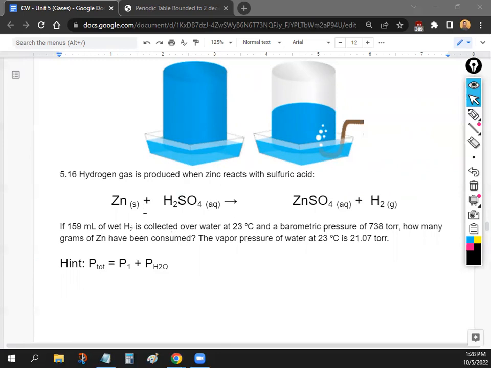Basically, when you run a chemical reaction, sometimes you produce a gas. And if you want to figure out how much gas you produce, usually when we look at stoichiometry, we just weigh the solid, right? We put it on a scale. Unfortunately, we can't put gas on a scale. We can't weigh it. So instead we need to work with volume.